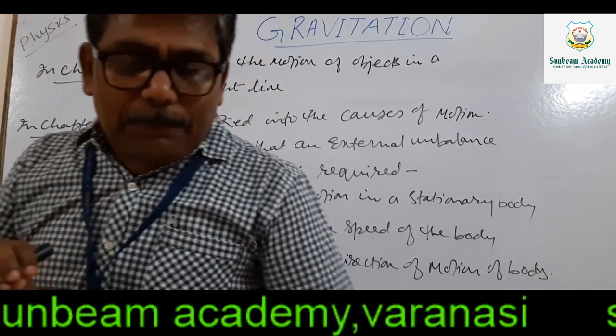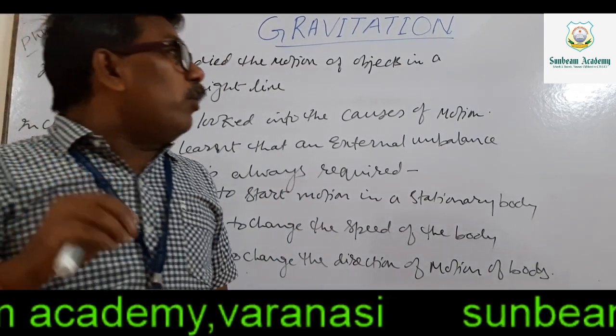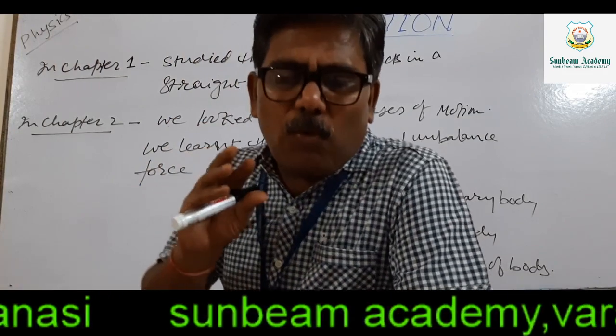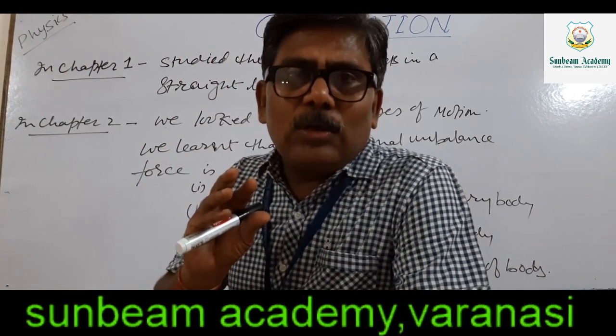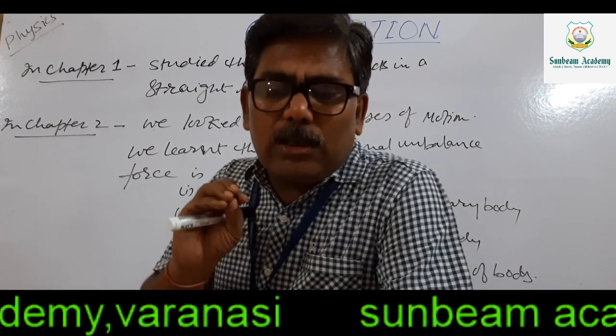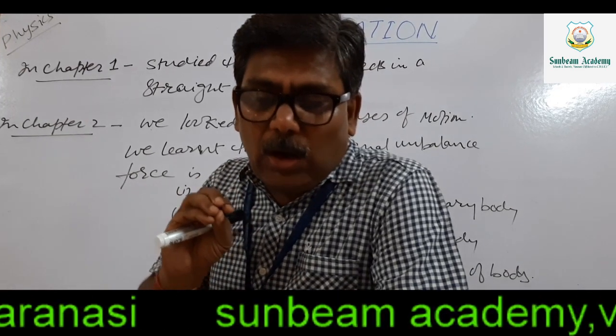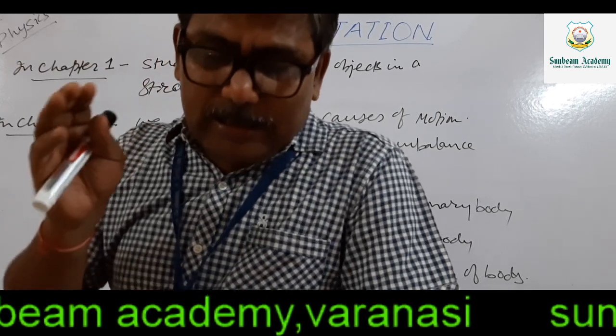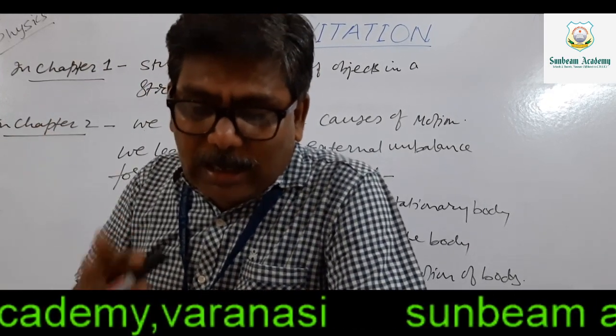So in this chapter, we are going to deal with the forces which act between two bodies. Now, Newton saw that whenever you throw any object, it falls on the ground.